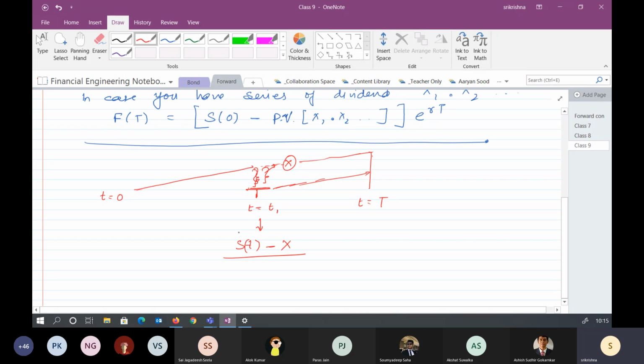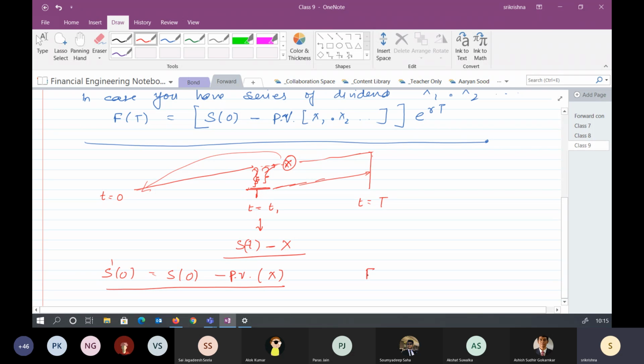So what we are trying to do is see that, okay, let's assume that X we got at a time which is T1, correct? Because of this, what will be the change in the spot price? The spot price change will be S0 minus the present value of X as a dividend.